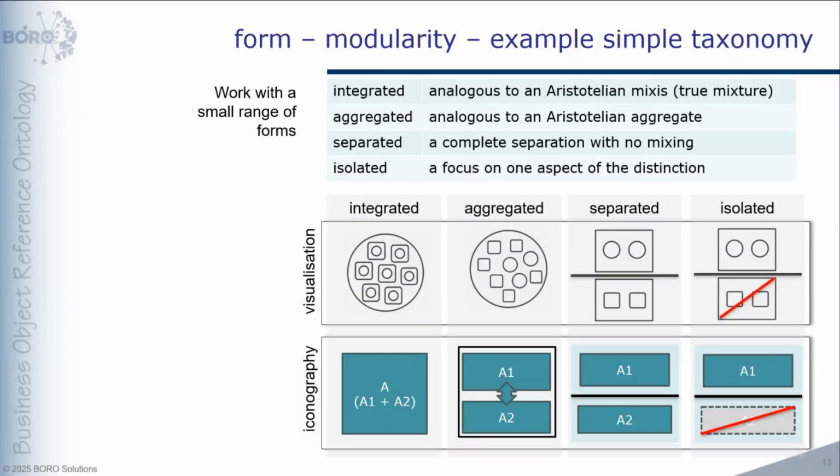We say that things can be integrated, so they're so tightly bound together that you can't separate them. They can be aggregated, so they're in a mixture where you can separate them. They can be separated, or, and this is the thing that we really want to say, they can be isolated, so you can take one part and ignore the other.